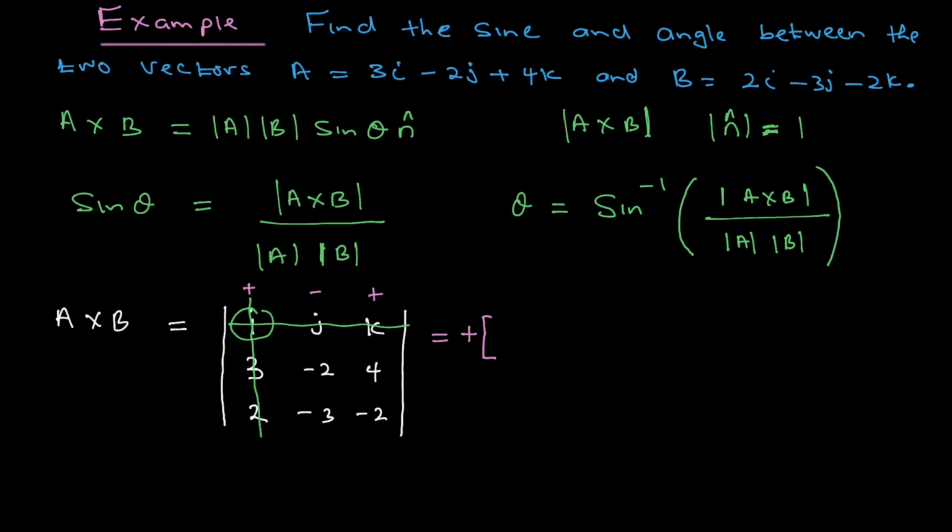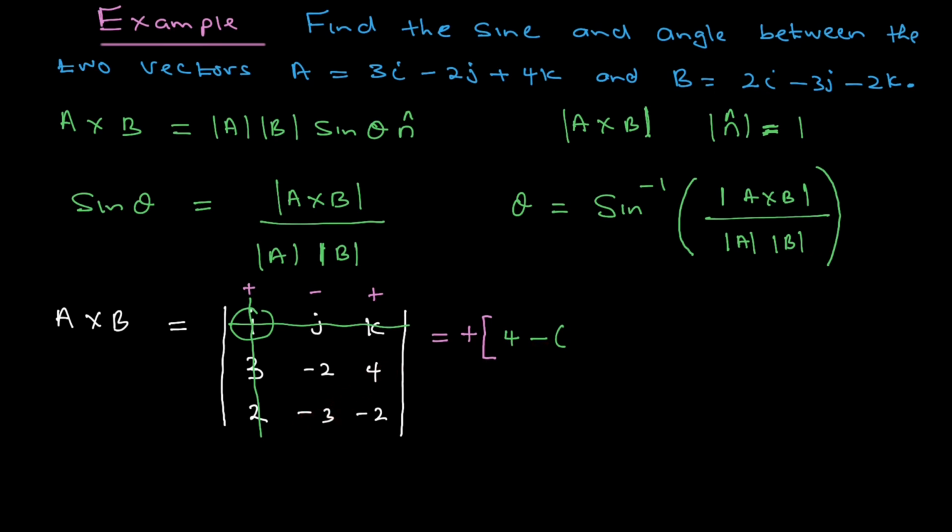So now you can see I'm looking at the 2 by 2 matrix there, which is minus 2 times minus 2, that's 4, right? Minus, then I've got minus 3, so I've got minus 3 times 4.